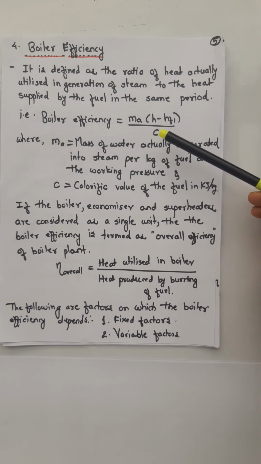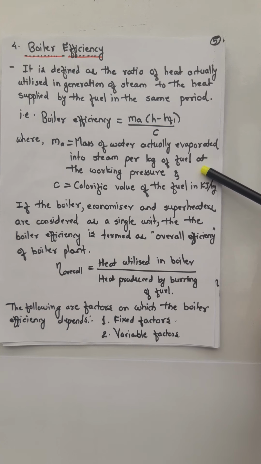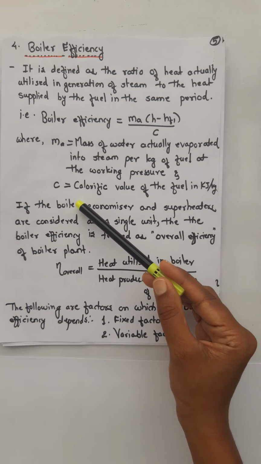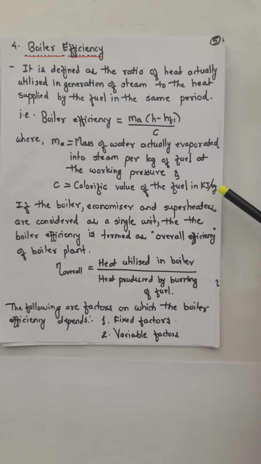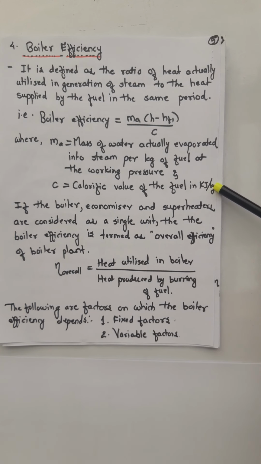It is the ratio of Ma into (H minus Hf1) divided by C, where Ma is the mass of water actually evaporated into steam per kg of fuel at the working pressure, and C is the calorific value of the fuel in kilojoule per kg.